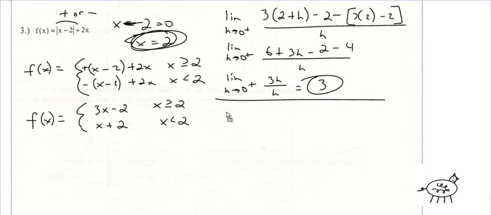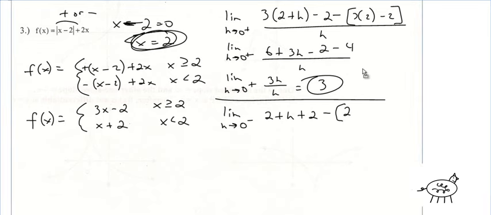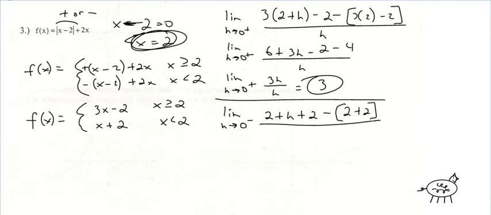And let's do limit as h approaches 0 from the negative side. Of course we're just going to plug in 2 plus h for x, and then plus another 2, minus 2 plus 2, all over h.